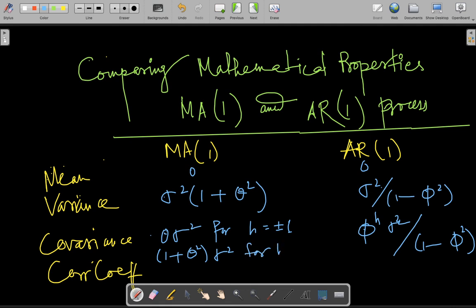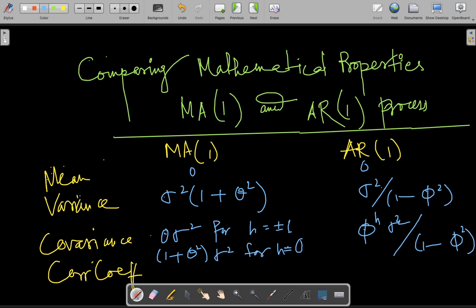Okay. Now we see that the covariance for the MA1 process has value only for h equal to 1 or h equal to 0. It doesn't have any other value for any other h, so far as the MA1 process is concerned.